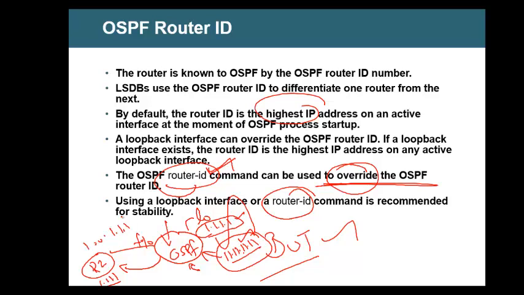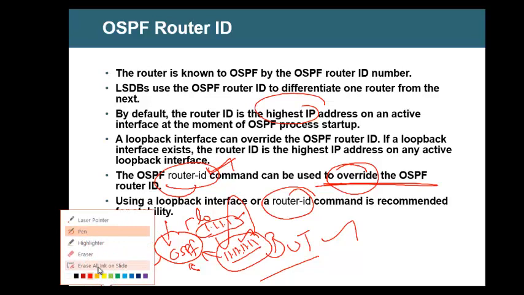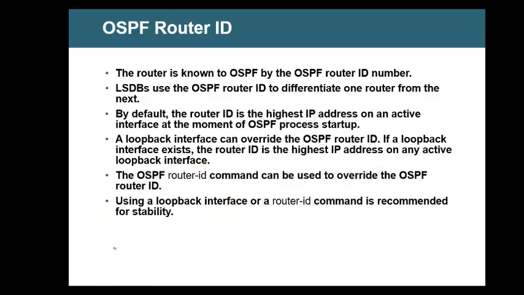Do you have any question on the OSPF router ID selection process? Sir, in a single area there can be only one router ID, means one will be elected as the router ID, how is it? Every router will have a unique router ID.